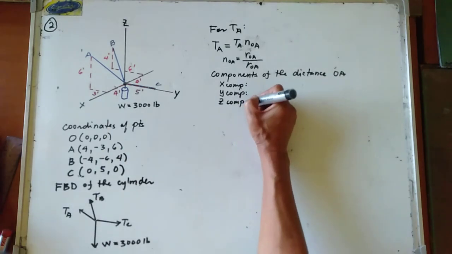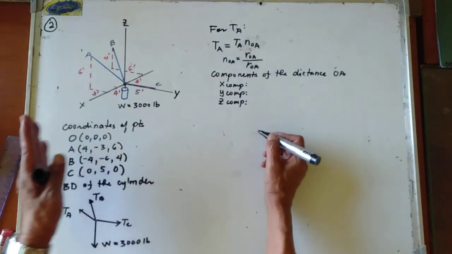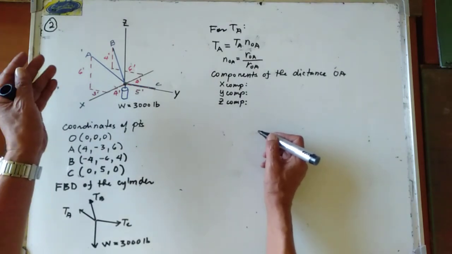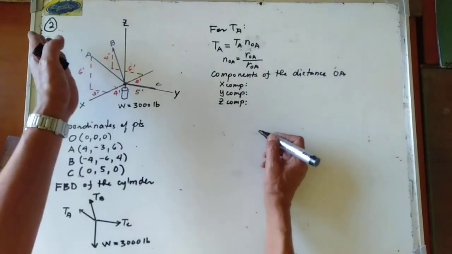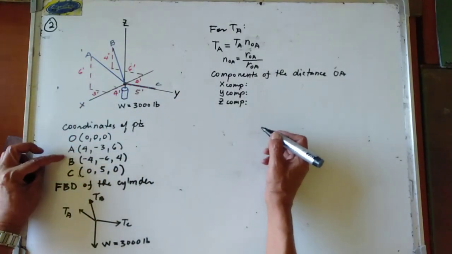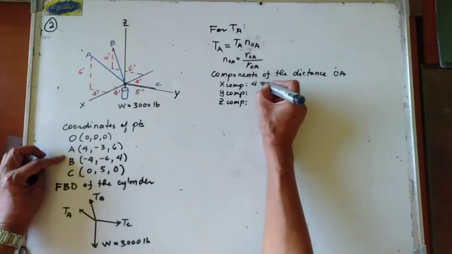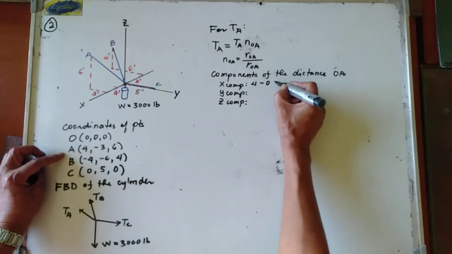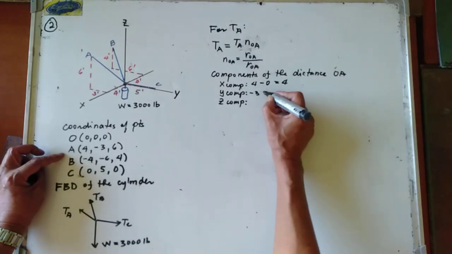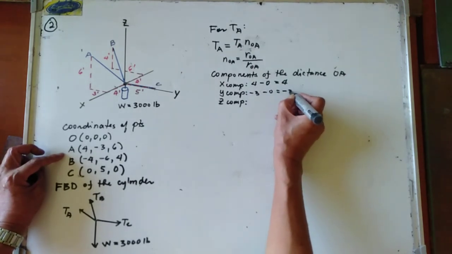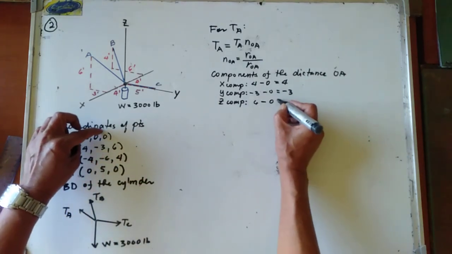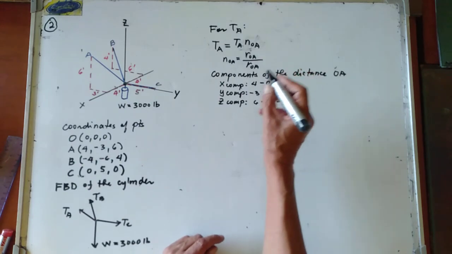In the x, OA is directed towards A, so it is A minus O. So that is 4 minus 0. That is 4. Then we have minus 3. And then 6, that is positive 6.